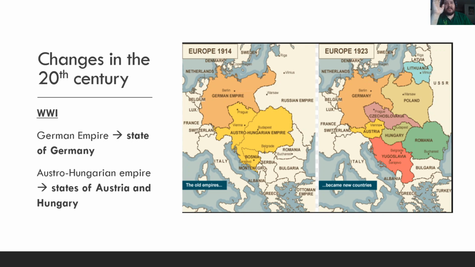After the fighting ends, we see both empires divide themselves. The German Empire splits off and becomes the state of Germany, with Poland being established as a result as well. The Austro-Hungarian Empire splits into many different countries to represent the many different cultures present in the empire, such as Austria, Hungary, and Czechoslovakia, which later splits into two, what we once called the Czech Republic and Slovakia, and which now is Czechia and Slovakia.